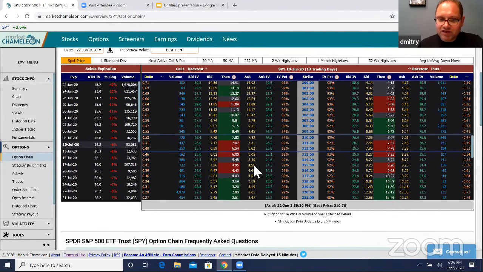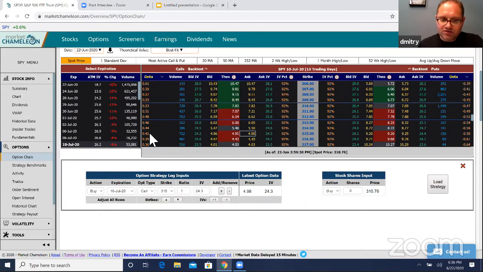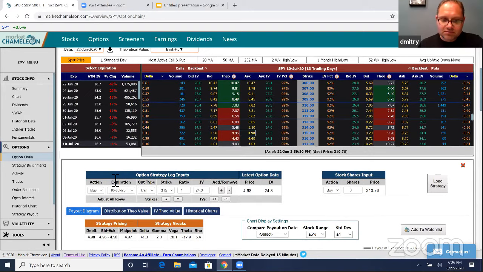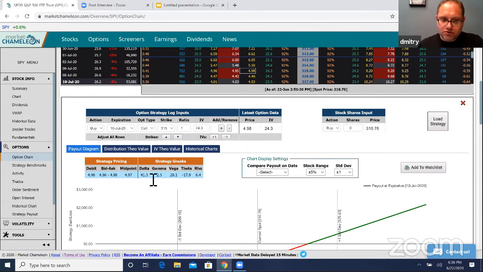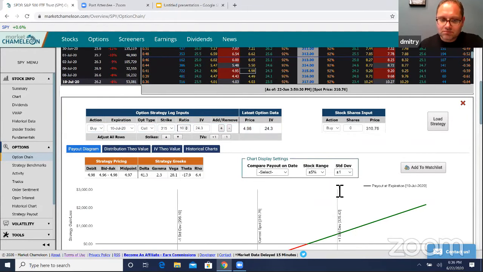If I bought 10 of these, I'll be long 410 deltas. Here's your delta, 41.3. With 10 of these, 413 delta. It's just rounded a little bit. That's how you would do it.